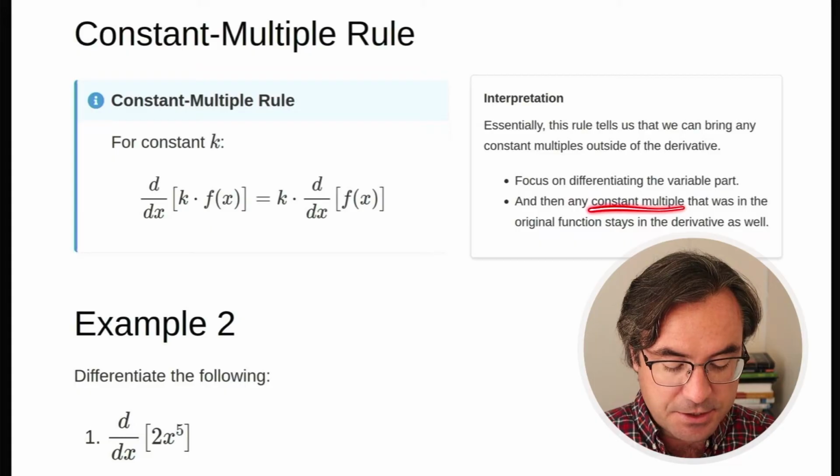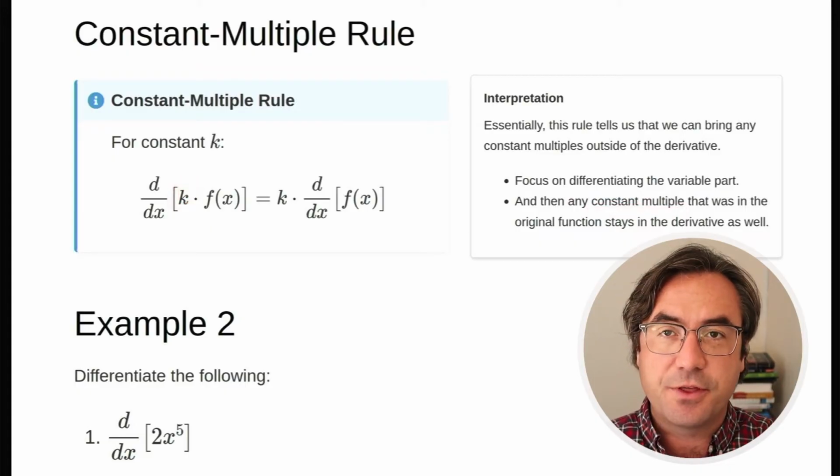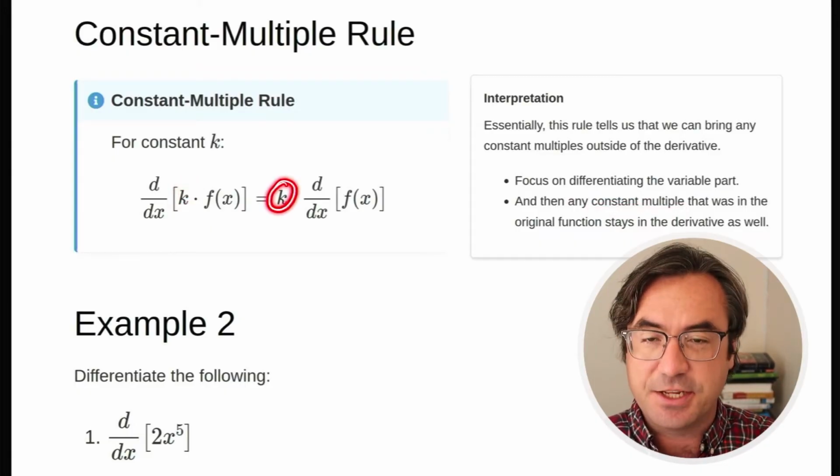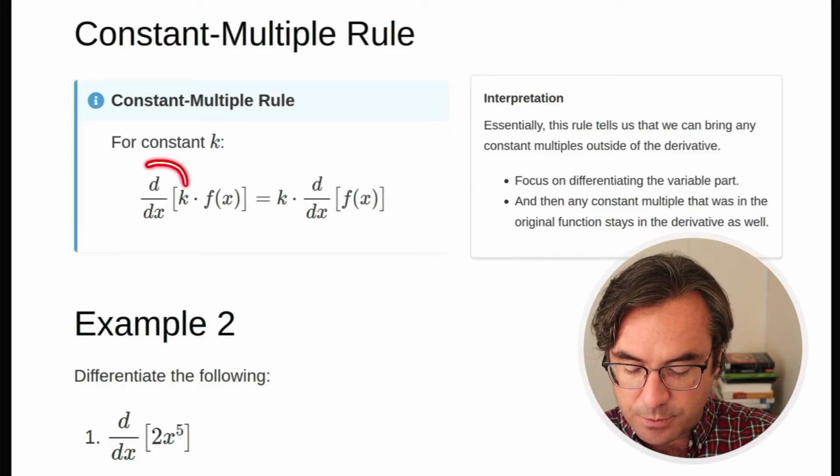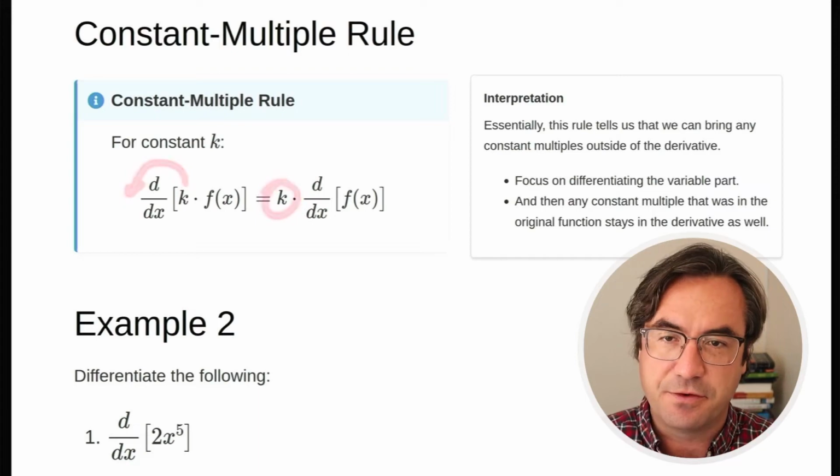Any constant multiple in the original thing just stays where it was. Another way to think of this is we're bringing the constant out in front of the derivative.